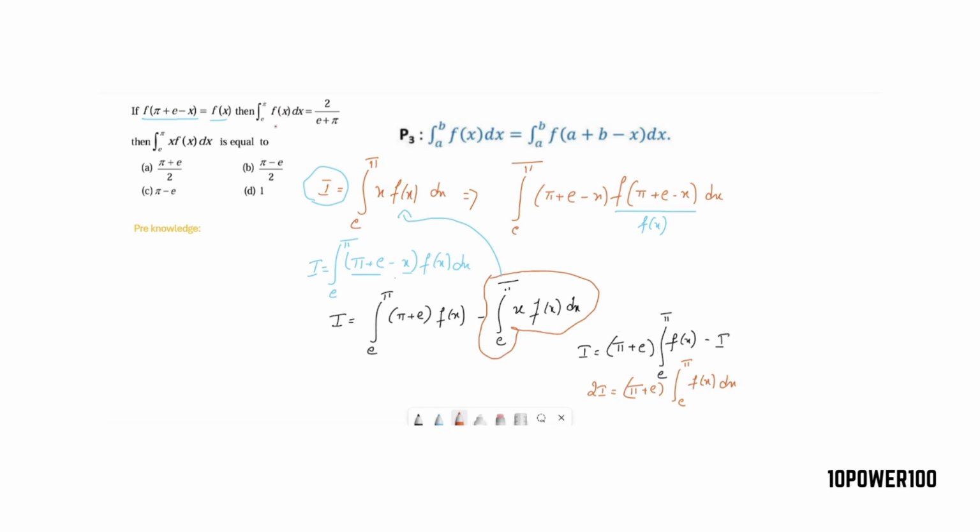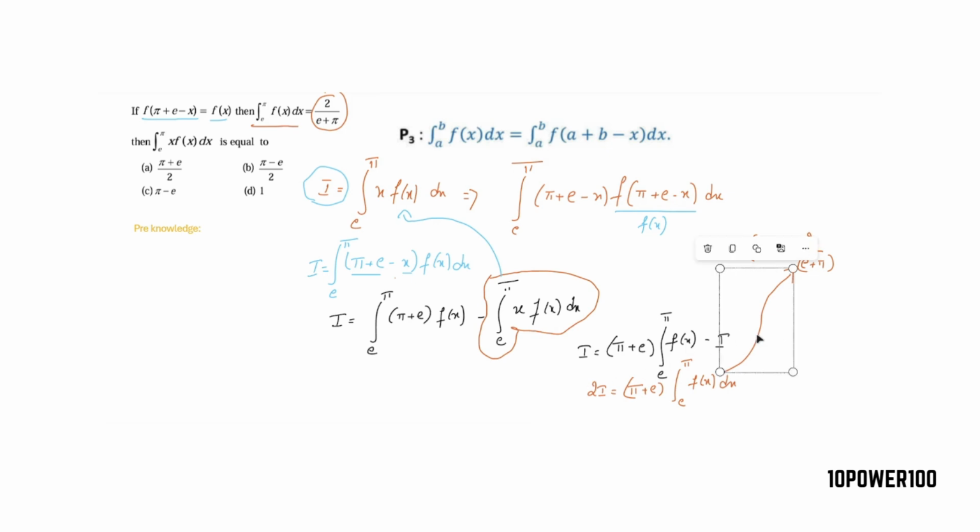But in the question, they have given the integration from e to pi of f of x dx is equal to 2 divided by e plus pi. So in place of this, I'm going to write 2 divided by e plus pi.